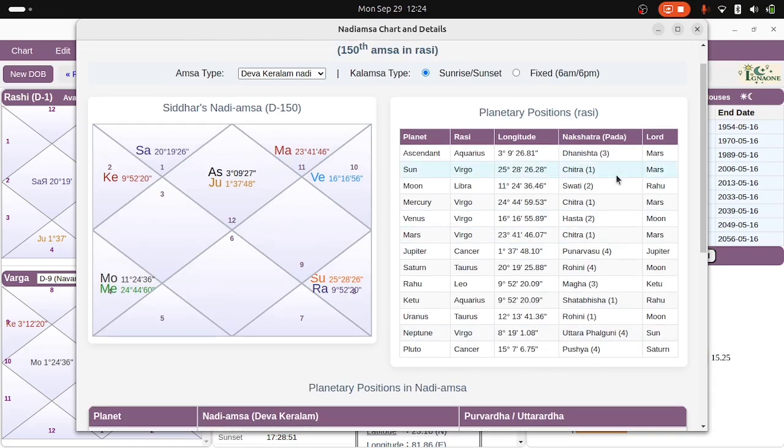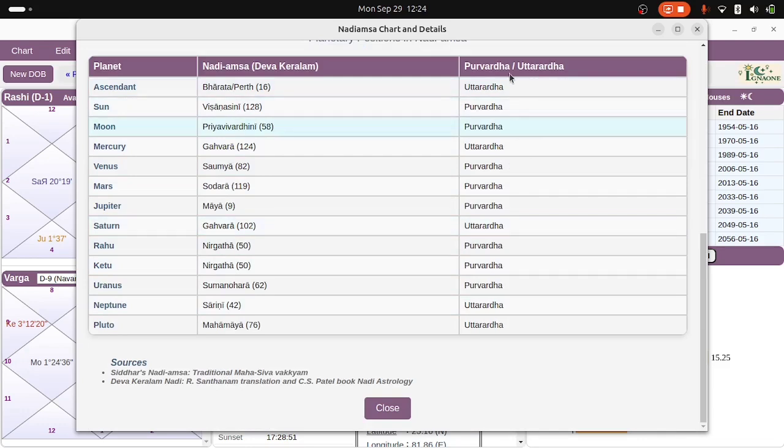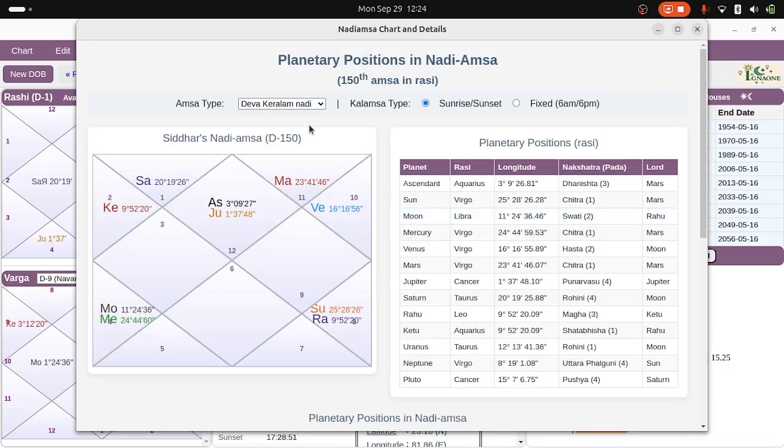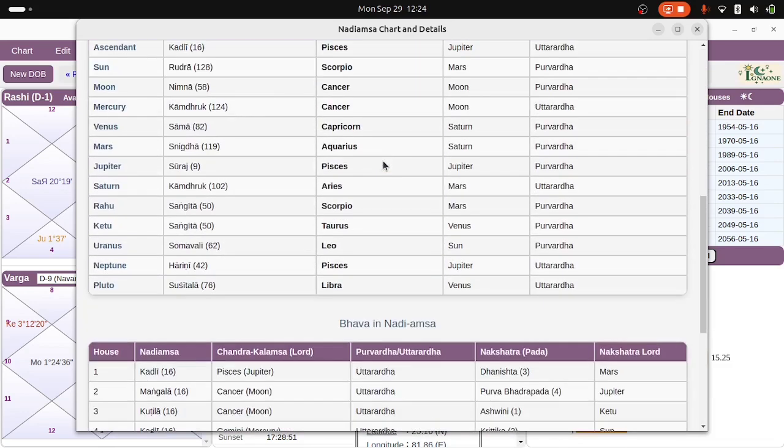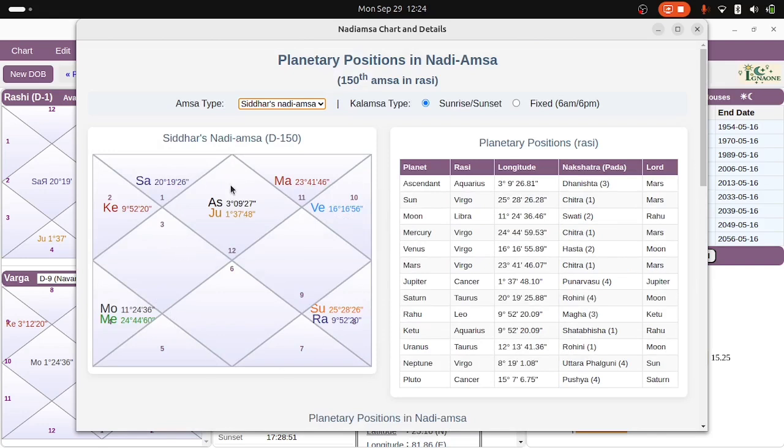You can use that if you want to, and ignore it if you don't. So this is what it is in Dev Keralam. Siddhar Nadi Amsha gives you the Rashis, and only if you have the Rashis can you draw ascendant, rising signs and bifurcations. Signs are possible only in Siddhar Nadi.